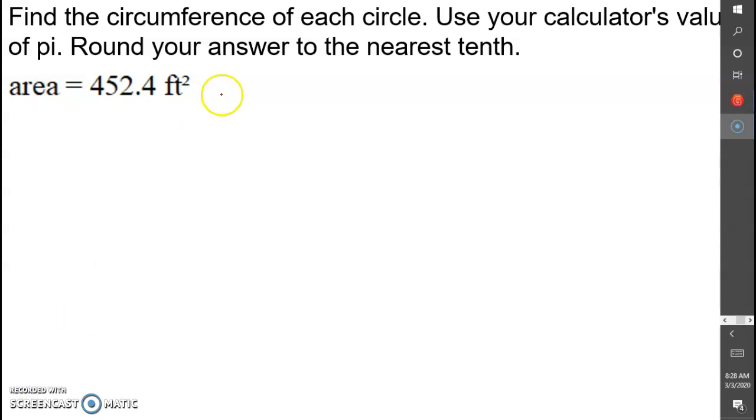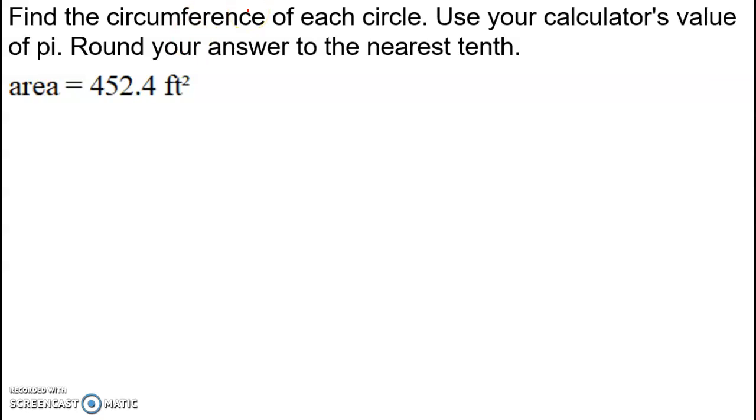Okay, we could be asked to find the circumference, find the diameter, find whatever about the circle. All it takes is to know your destination. Our destination is circumference. So what's the formula for circumference? Write it down: 2 pi radius.